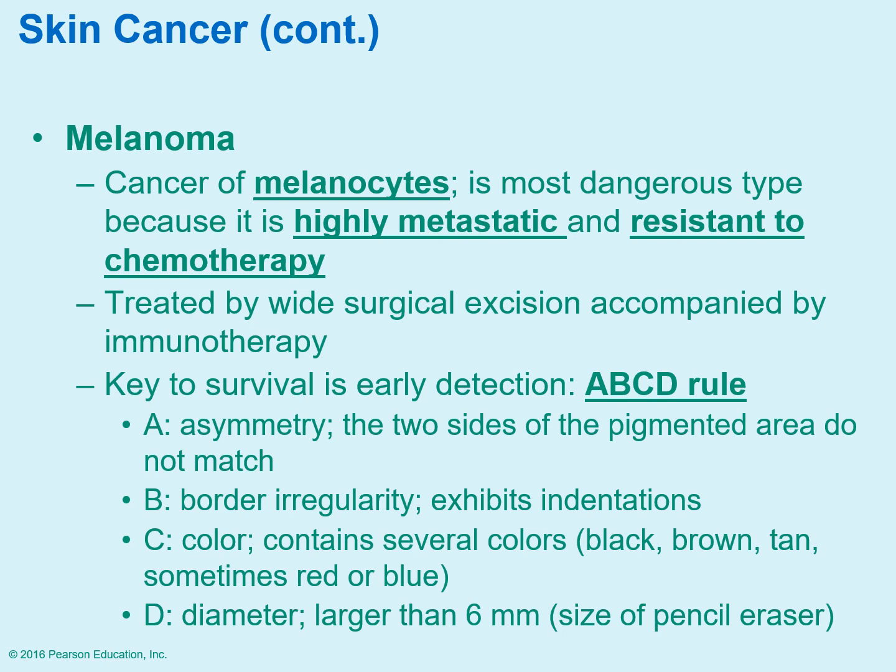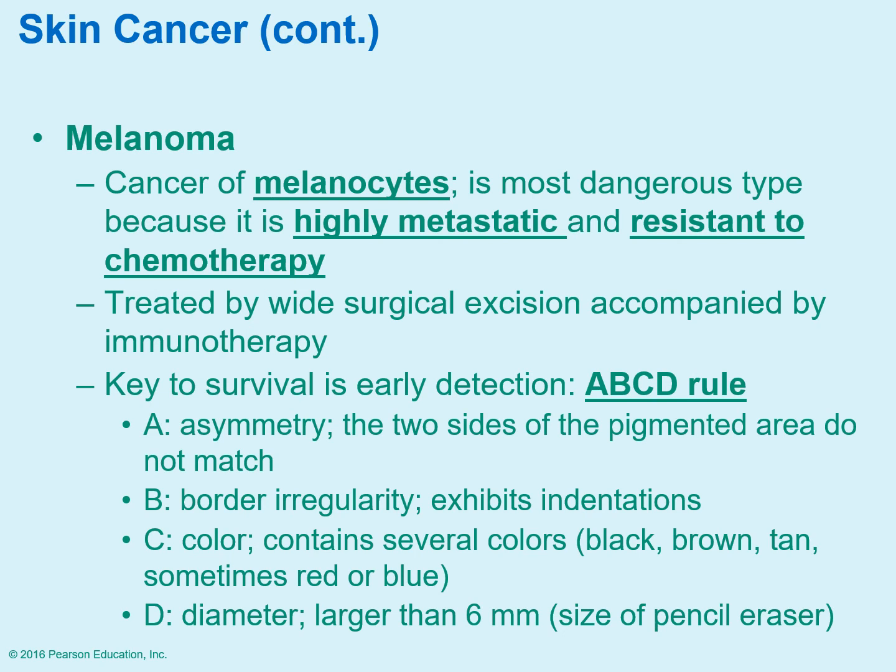So for any of these, how do you detect? The ABCD rule. A, asymmetry. If the two sides of a pigmented area don't match, check it out. B, border. A mole is usually nice and smooth. If it has an irregular border, all these indentations, get it checked out. C, color.